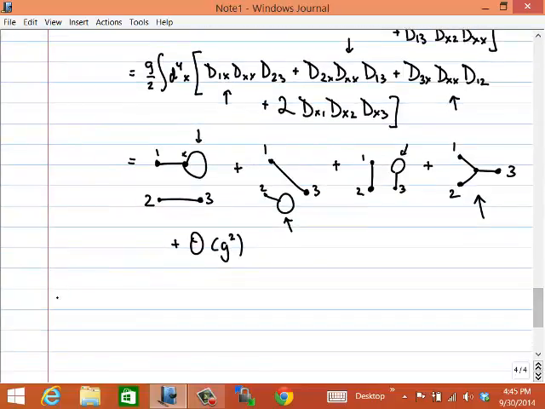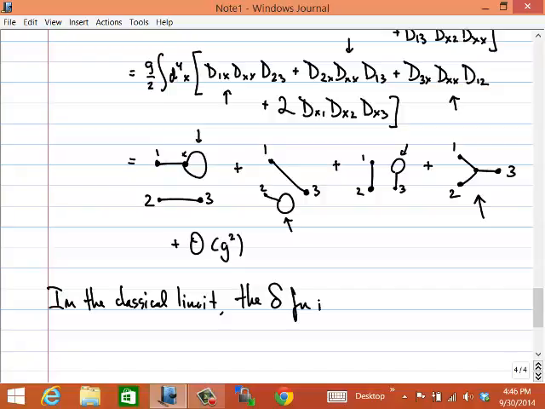Okay. And the reason is that in the classical limit, the delta function in the Schwinger-Dyson equation disappears.